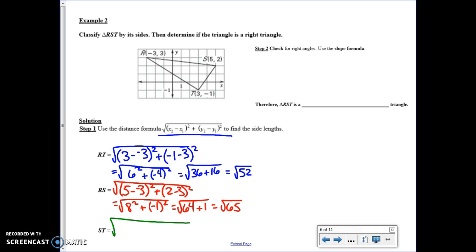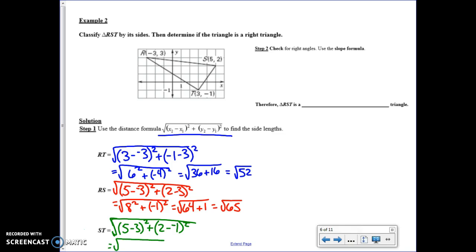So ST. So I'm going to do 2 minus a negative 1. Oh, sorry, those are the y values. I'm going to do the x values first. So I'll do 5 minus 3 and square it. And then I'll do 2 minus a negative 1 and square it.